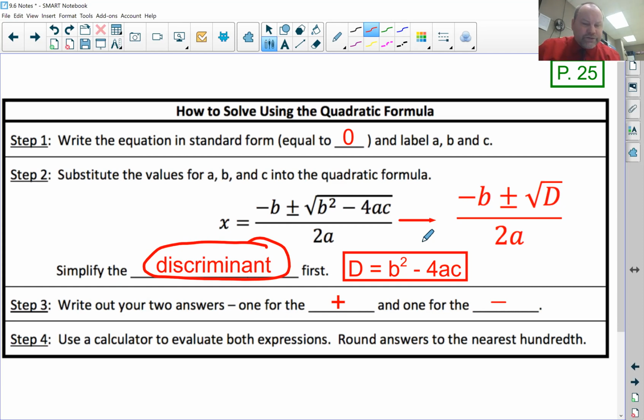Write out your answers, one for the positive and one for the negative, for the plus and minus part. Use a calculator to evaluate both expressions. Round answers to the nearest hundredth. And again, I'll show you a nice little trick that we can use with our calculators. All right, so that's using the quadratic formula.